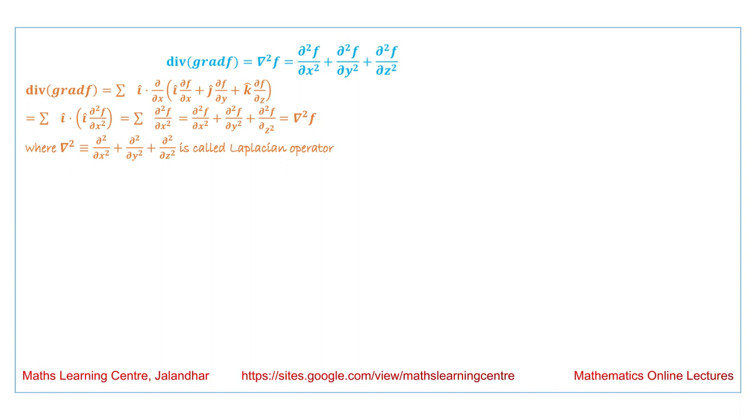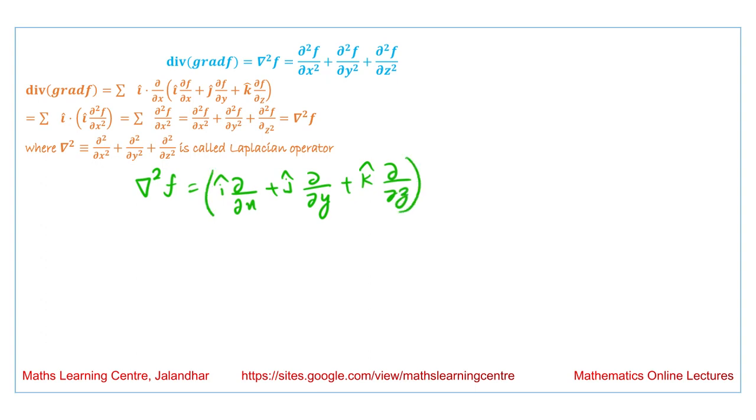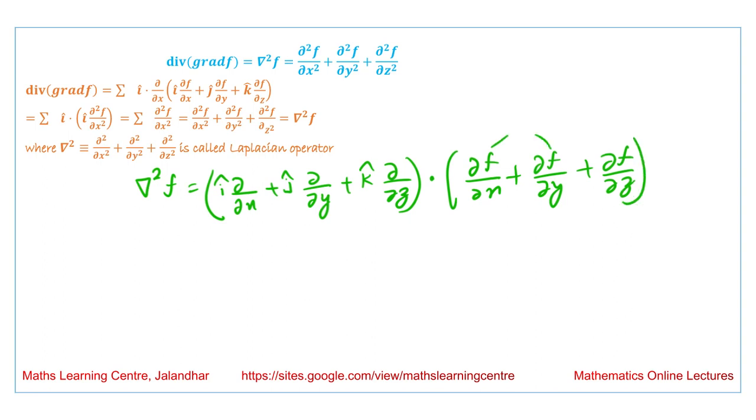So, coming to the first part, we are saying del square f. Del square f means we are talking about ∂/∂x i cap plus j cap ∂/∂y plus k cap ∂/∂z dot ∂f/∂x plus ∂f/∂y plus ∂f/∂z, because this f is a scalar function.